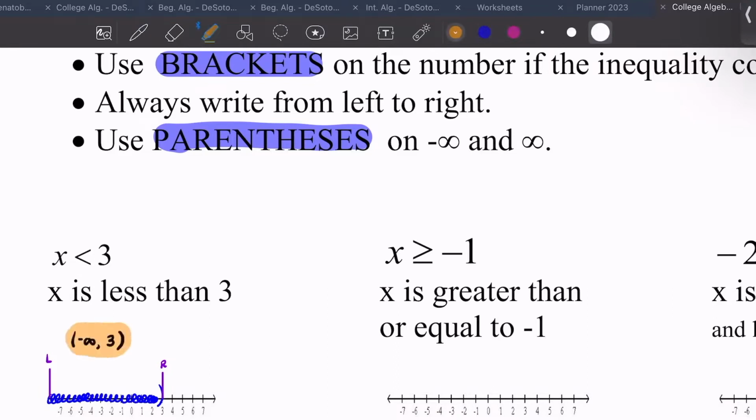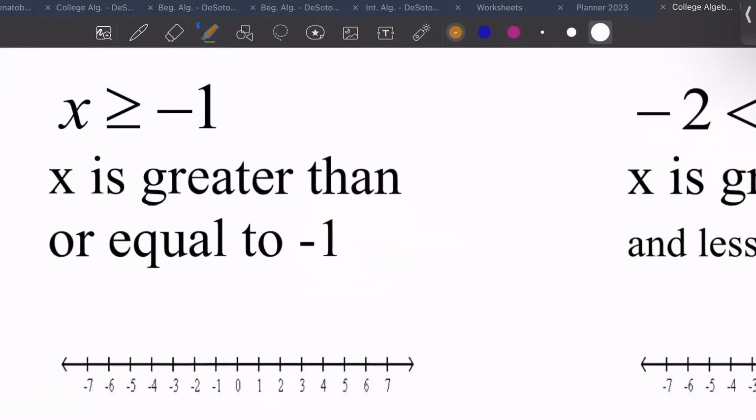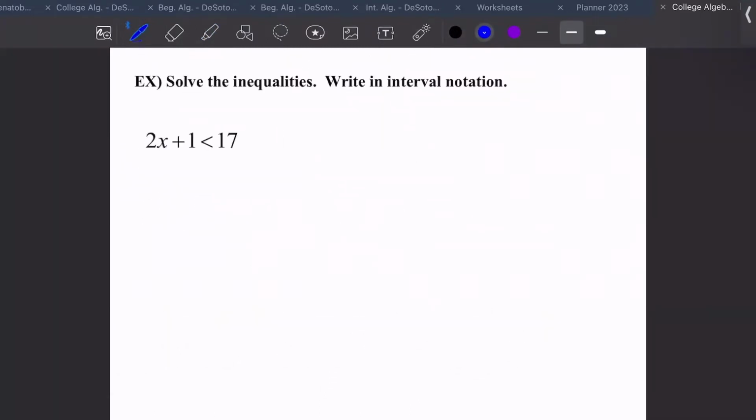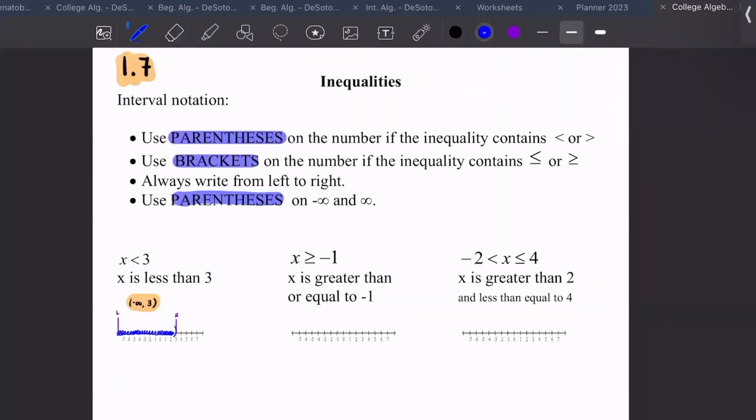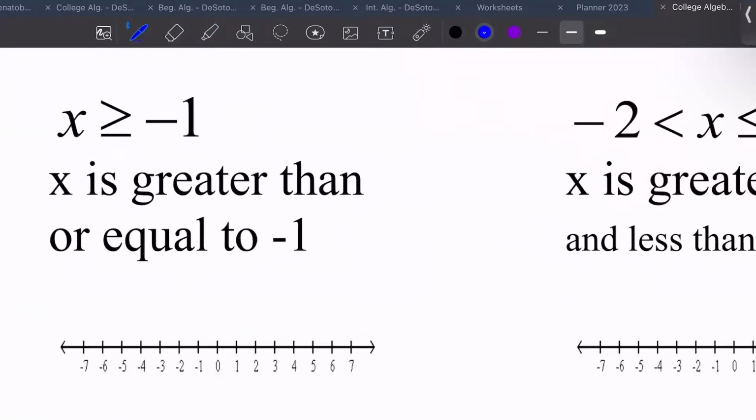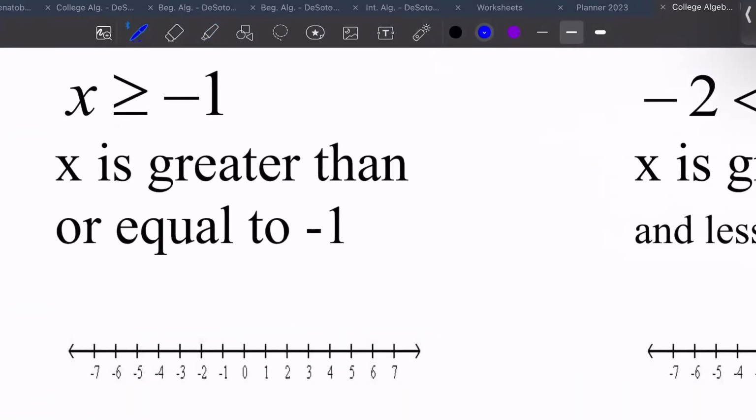So definitely put them on a number line, it helps a lot. Now, what about x is greater than or equal to -1? That's how we say that. At -1, we need to figure out what numbers we're even talking about. X is greater than or equal to -1.